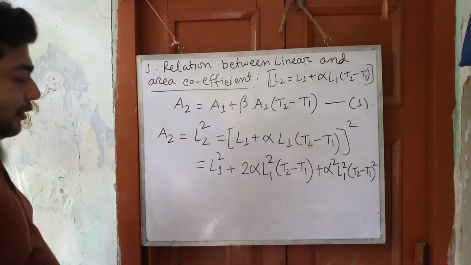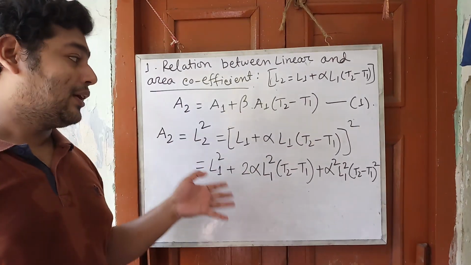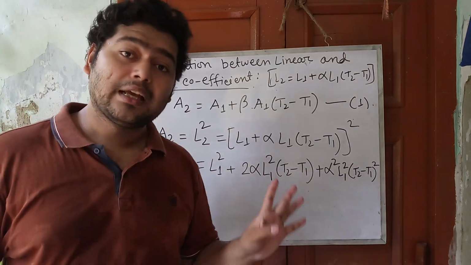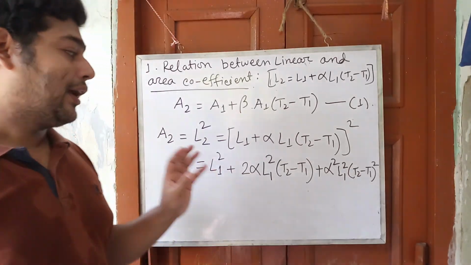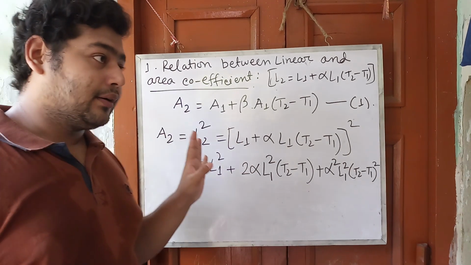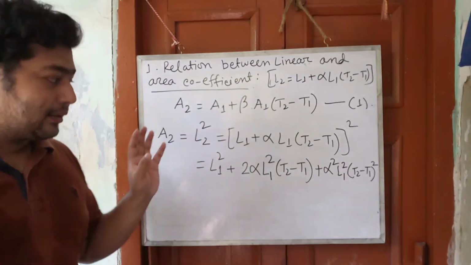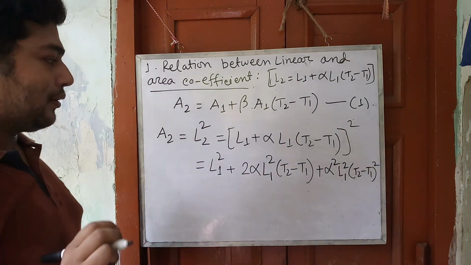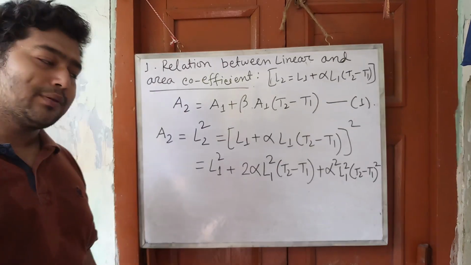We know from our previous class that the value of the coefficient is very small. If we square a small value, then it becomes even smaller.